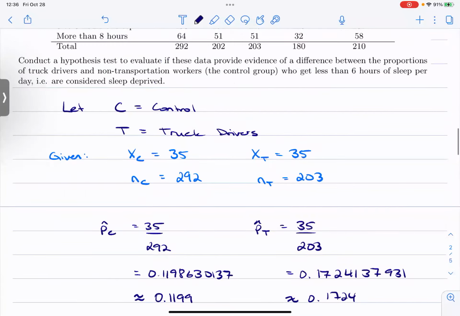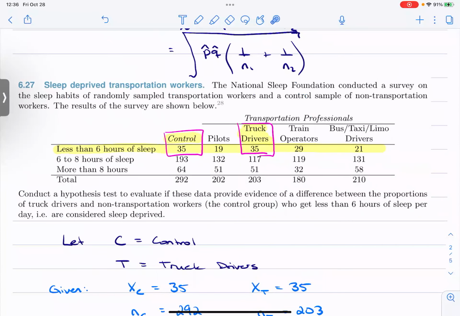Let's go back and see if they mentioned anything about randomly sampled. Oh, what a surprise, they did. A survey on the sleep habits of randomly sampled transportation workers. So the fact that they were randomly sampled means that I can assume independence within the groups, but also between the groups. So it checks all the boxes.